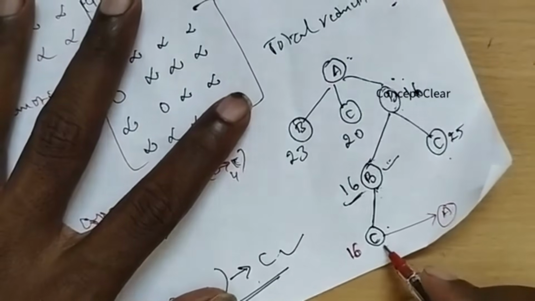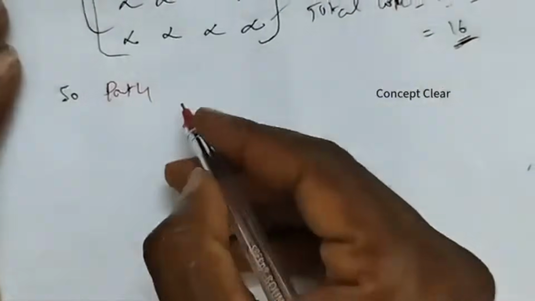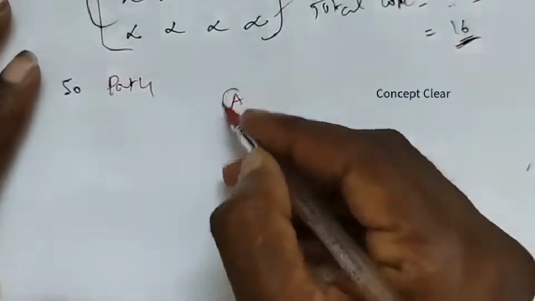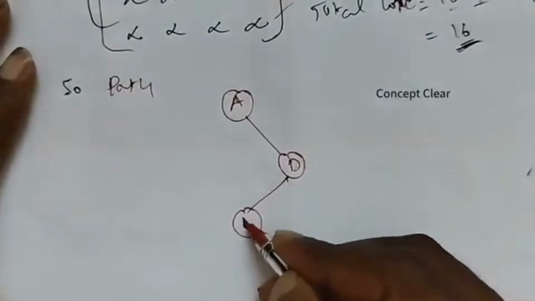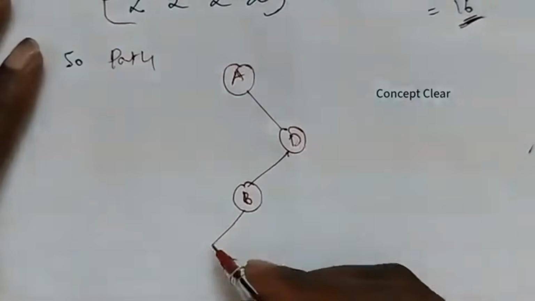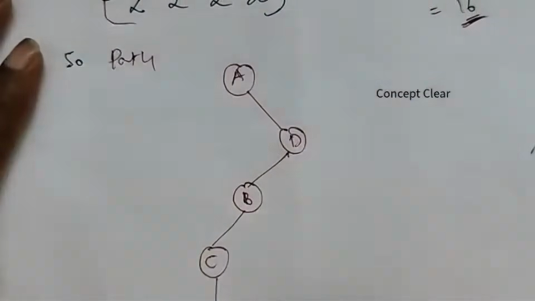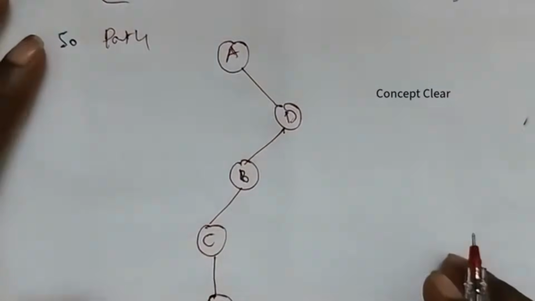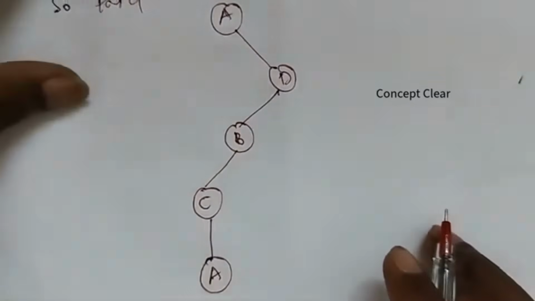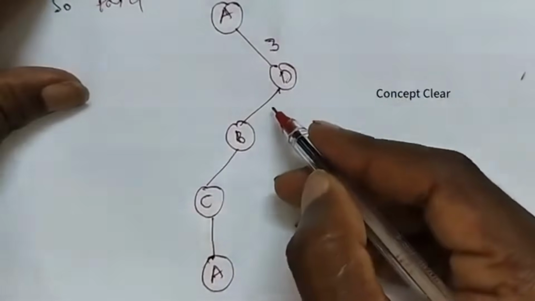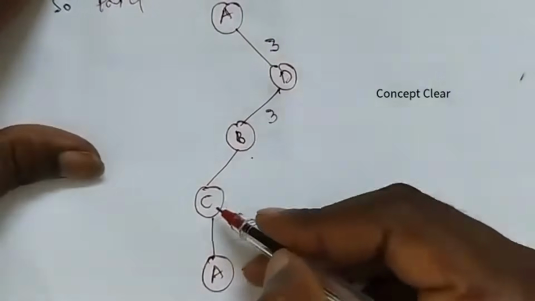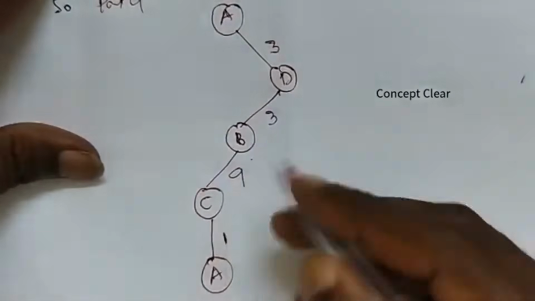Here we have to travel to A, but we won't draw the diagram for C to A. We'll write it directly. So the path is A to D, D to B, B to C, and again we have to reach A. According to the matrix values, A to D value is 3, D to B value is 3, B to C value is 9 and C to A value is 1.